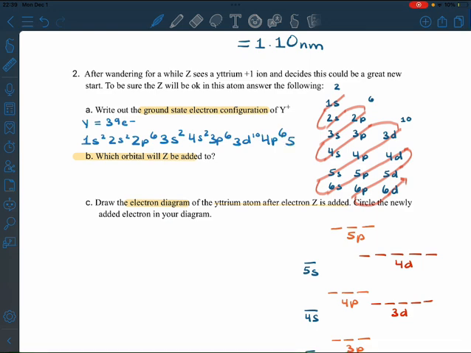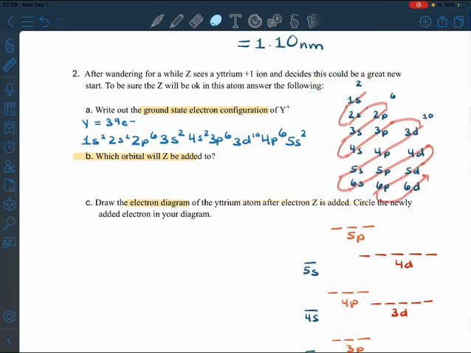and 5s has 2, and then after 5s, let me move this over here. Actually, I'll move this over instead. And then, so that right there is 38 electrons, and then we do 4d, and it has 1 electron.